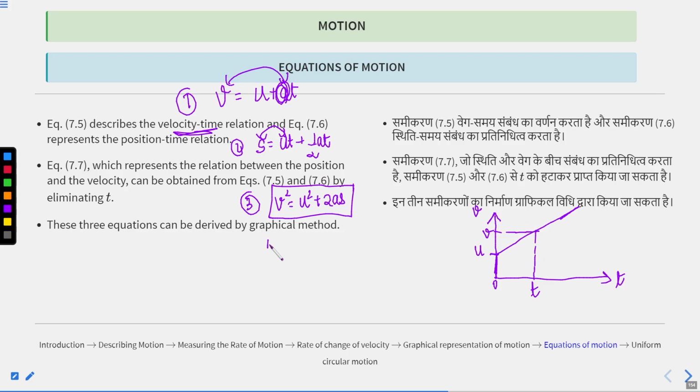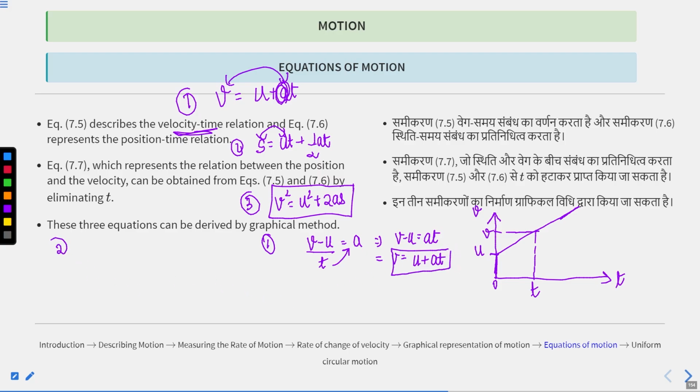So first equation is direct. From the formula of acceleration, which is v minus u divided by t gives acceleration, multiply t here, which implies v minus u equals at, or v equals u plus at. This is equation number first.